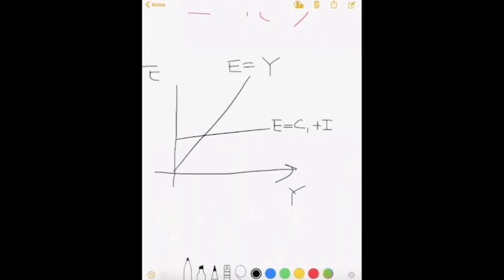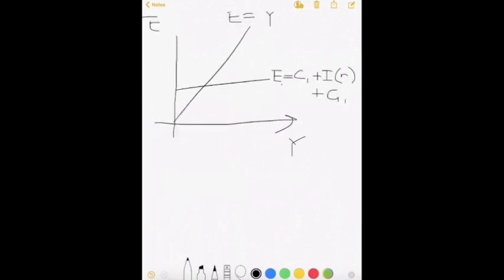But now investment is a function of interest rates, plus government spending. Let's just call it E1. So we are using the ISLM model to explain the relationship between interest rates and GDP. That is what we're trying to explain.